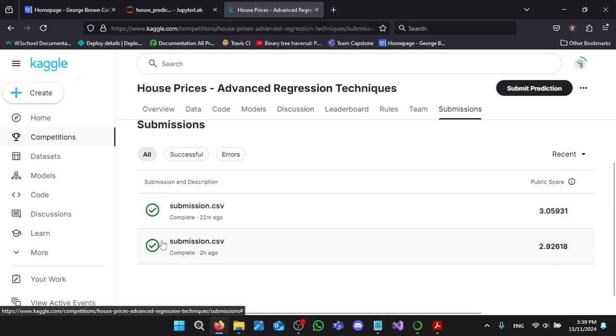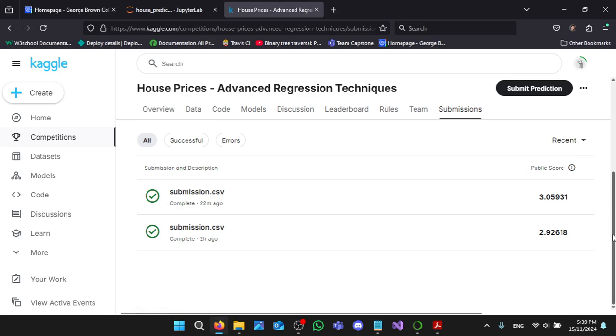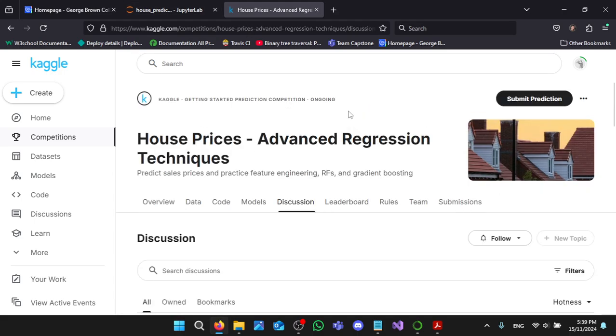Actually, I submitted two files because I was playing around with the dataset, and to be honest, I have been working for a couple of hours, and this is what I get. The first one I did got a public score of 2.9 something, and the second submission got 3.